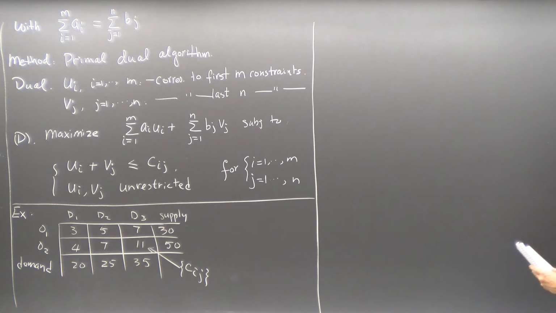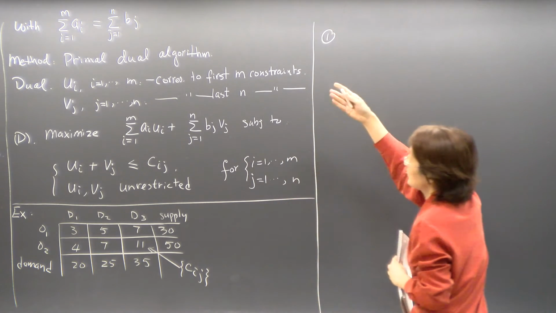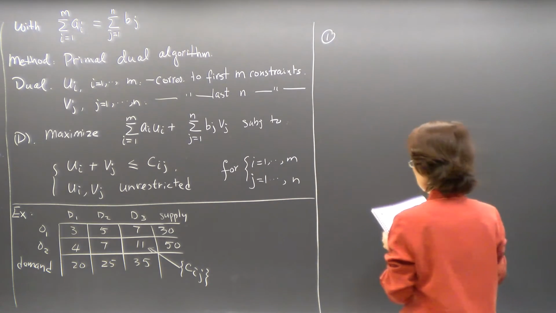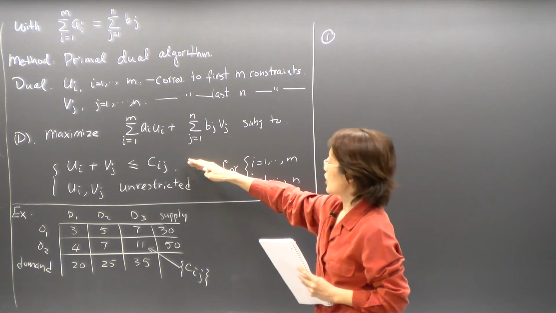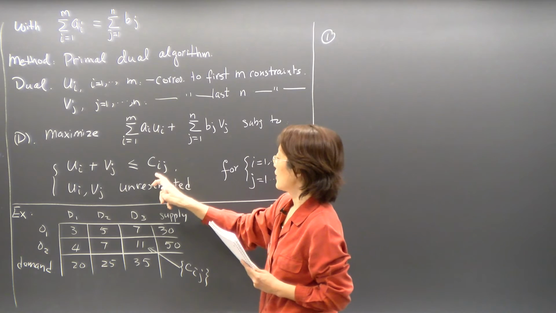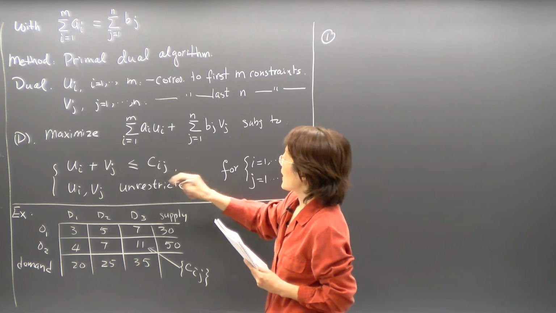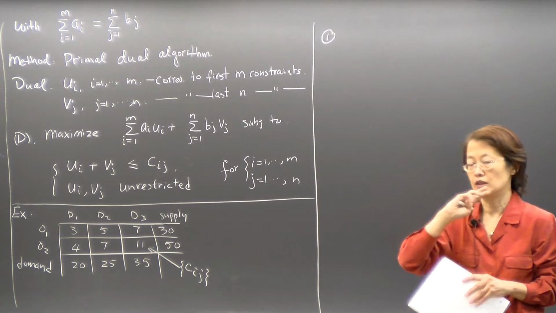Okay, so I will write each step down in the algorithm and then apply it to this problem. So the first step in my primal dual algorithm: I will attempt to construct a solution to the dual. The solution will satisfy the constraint here, but probably do not maximize the objective function.